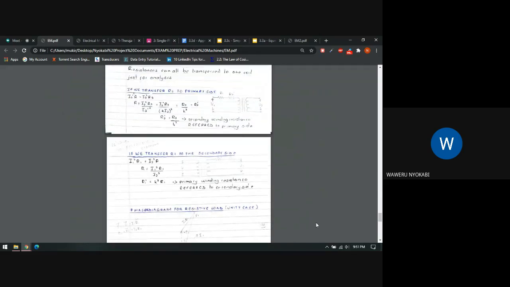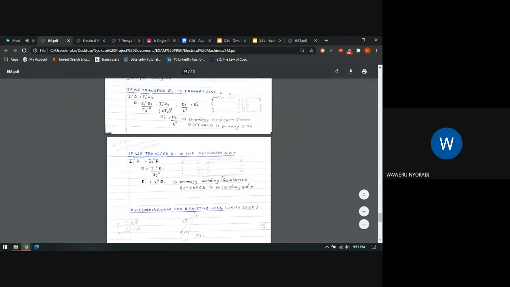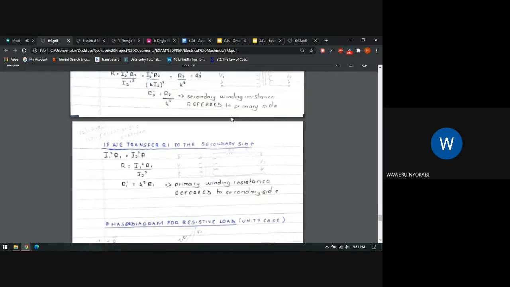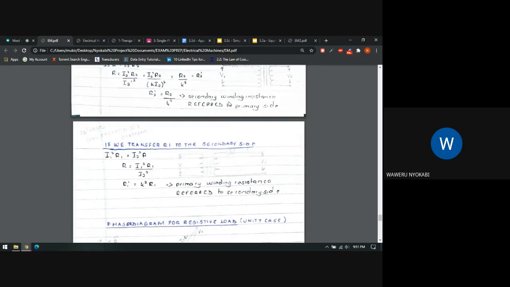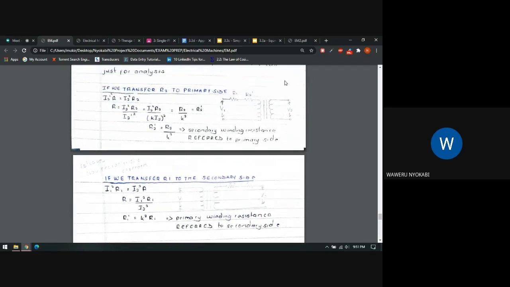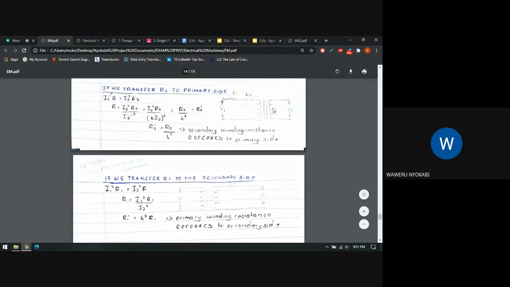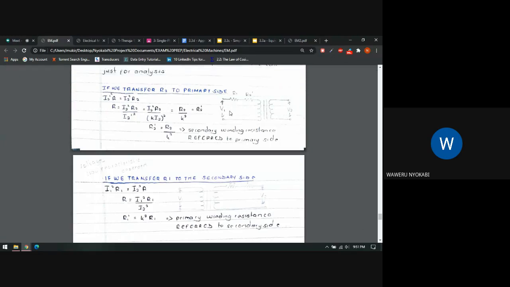Okay, so for ease of analysis, we can bring all the resistances on one side. So how's that going to affect everything?